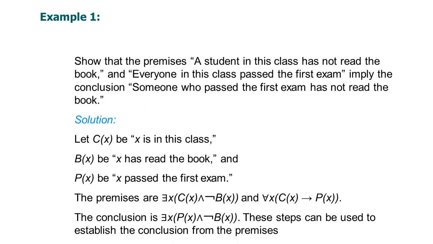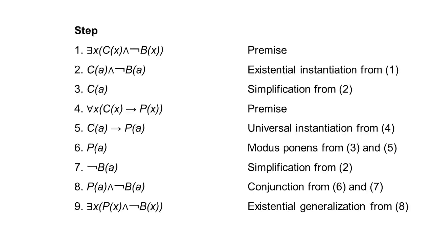Now it is derived using a sequence of steps. The steps are as follows: there exists an x such that C(x) and not B(x). This is a premise. Similarly, C(a) and not B(a).